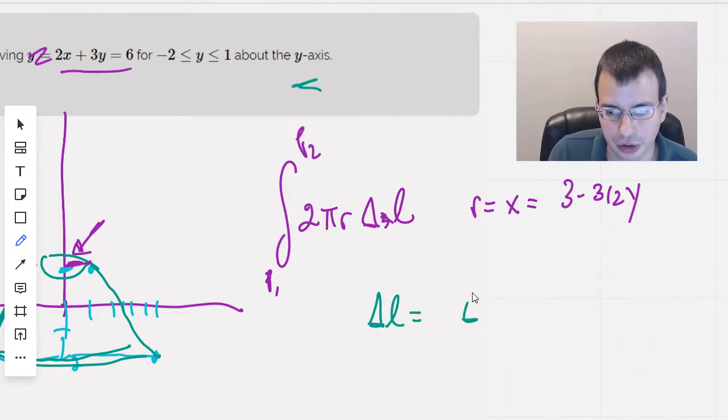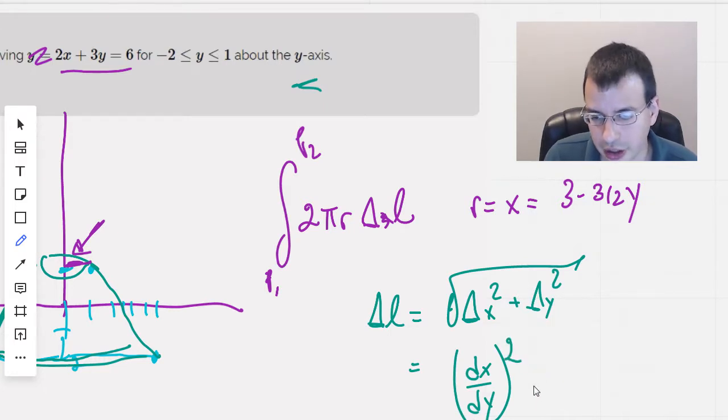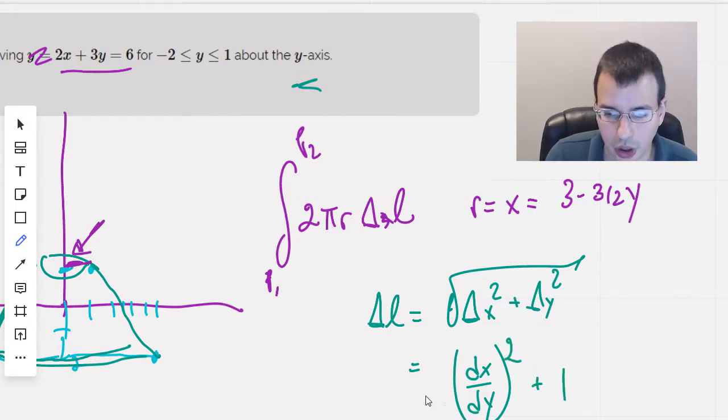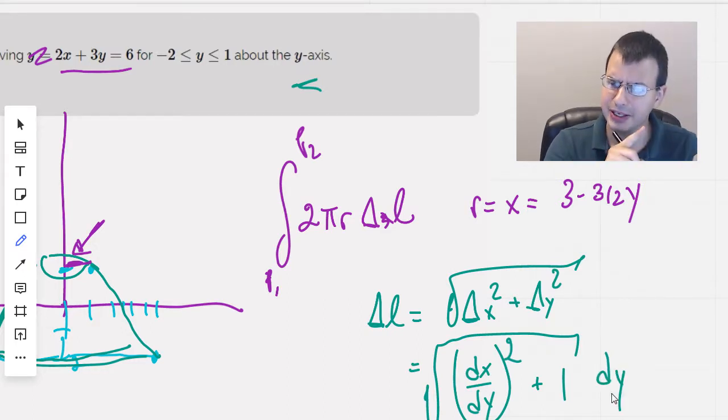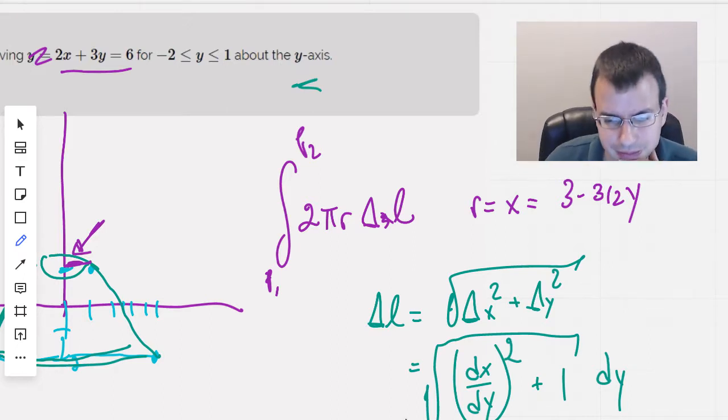dl equals the square root of dx squared plus dy squared. Rearranging this, we get the square root of quantity dx dy squared plus 1, times dy. Normally we factor out the delta x, but this time we're going to factor out the delta y because we want to integrate in the y direction.